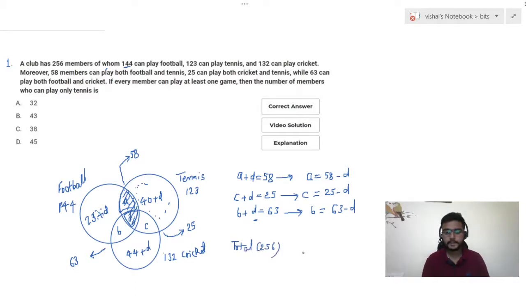So we can add all of these values and find the value of D. So 256 equals 144, all the football players, plus 40 plus D, which play only tennis, then add the players who play only cricket, 44 plus D.